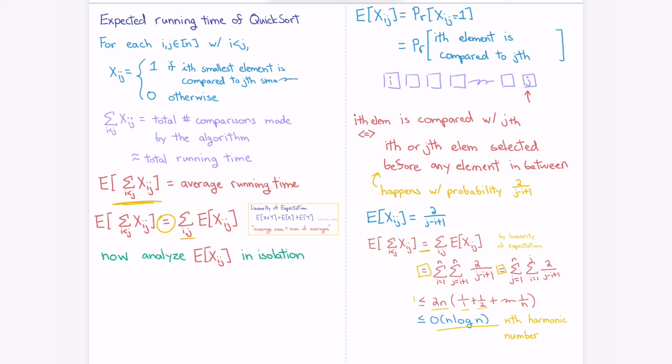But there's a hard way to analyze this, and there's a cleaner way, where you focus on every two elements and whether or not they get compared. These two get compared only if one gets picked before any pivot in the middle. Then you can analyze the whole algorithm rather cleanly. So again, linearity of expectation, this very simple thing, it's not hard to prove, does so much work for us. We also showed a high probability bound.